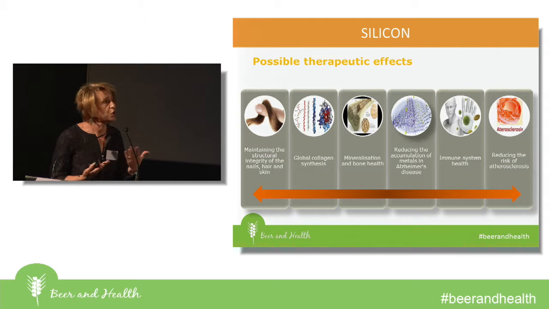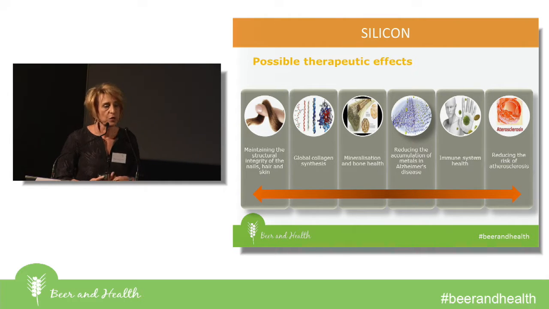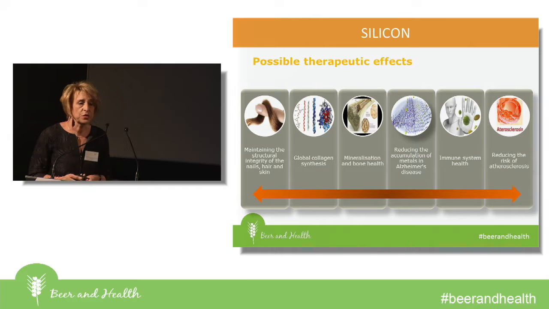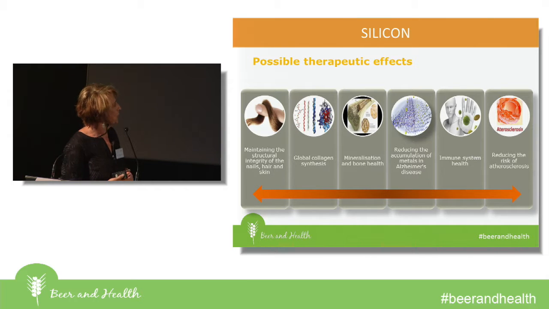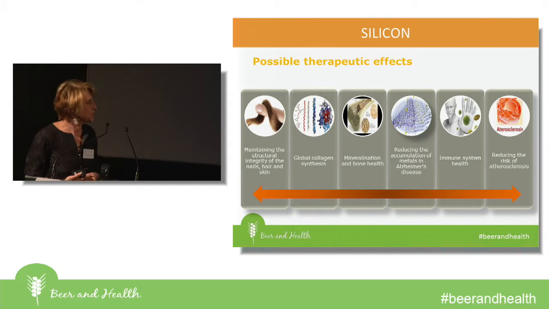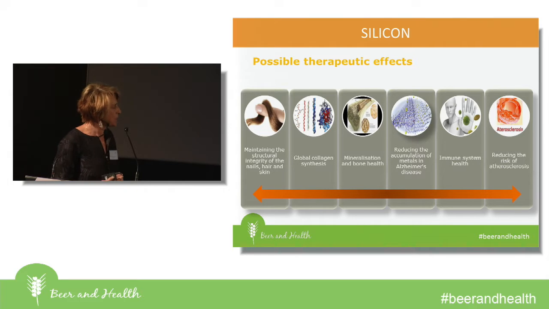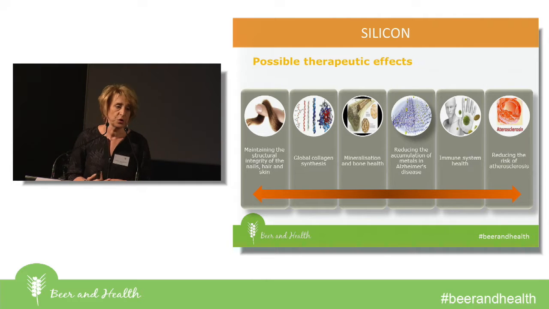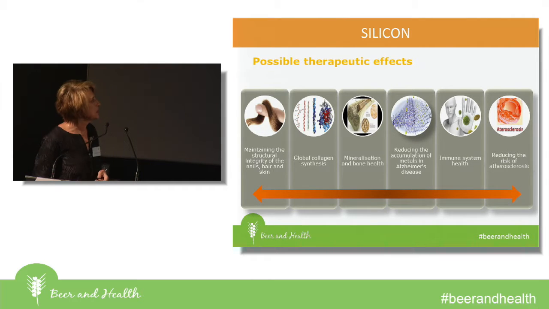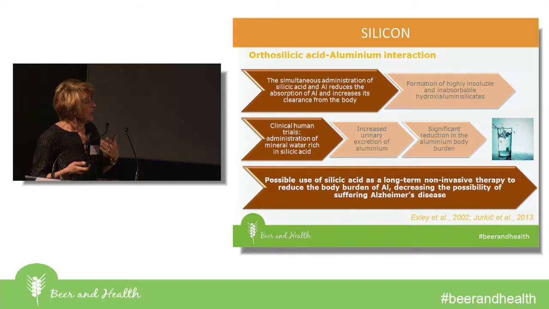Over the past few years, we've seen more and more interest in the possible therapeutic effects of silicon. We see that silicon is now related to maintaining the structural integrity of nails, hair, and skin, the global collagen synthesis, mineralization, bone health. It is also able to reduce the accumulation of metals, and so on.